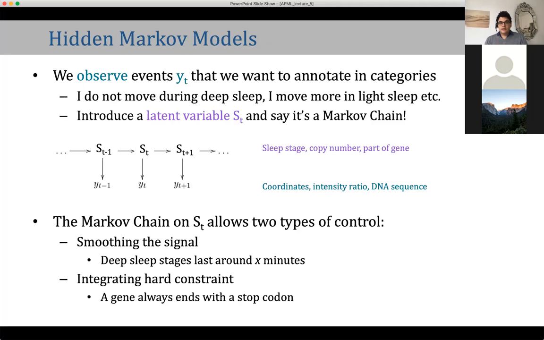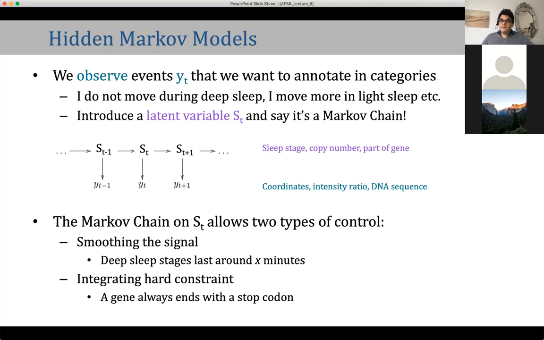Okay, so what was in common with all of those examples, and what's the typical use case of a hidden Markov model, is that we have events, Y_t, that we observe across time again. But now, instead of a homogeneous Markov chain, where we were observing the values always under the same distribution, we want to keep this sequential aspect, but we want to classify.